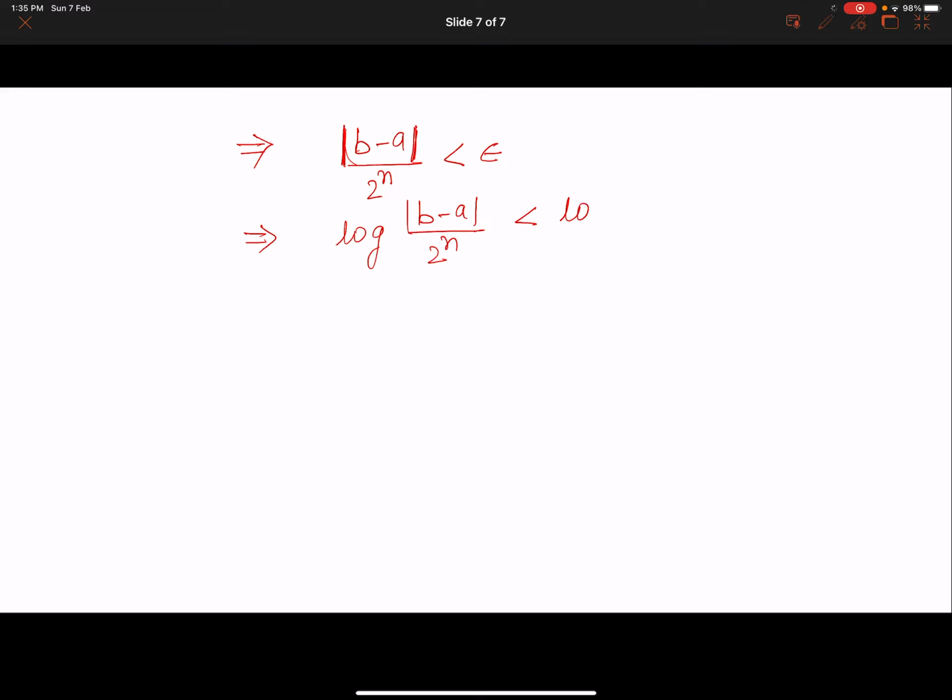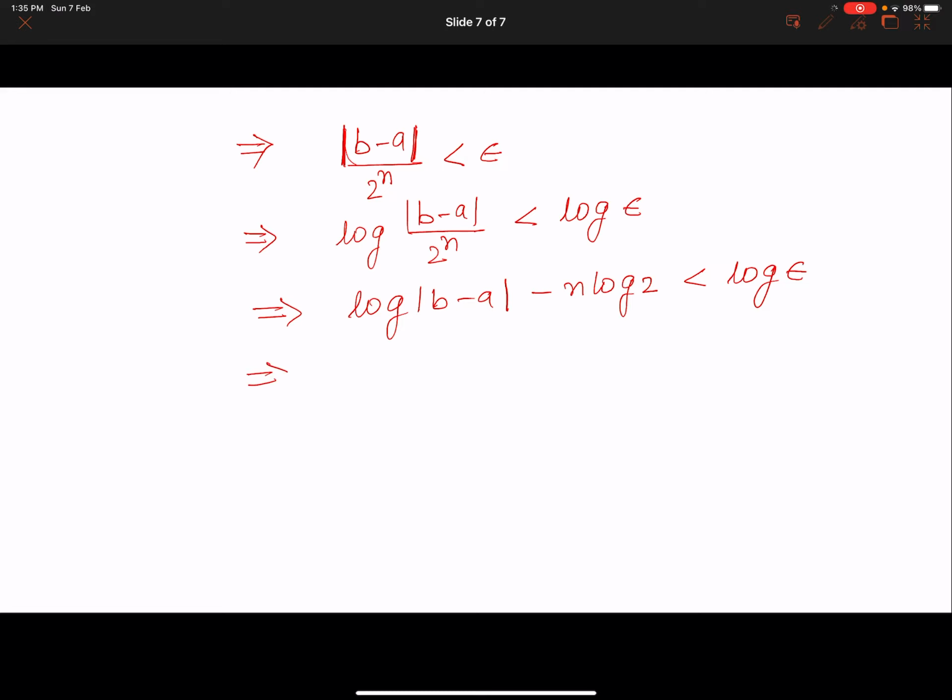So we have this, and this means that on solving this we have log (b minus a) minus n log 2, which is less than log epsilon.